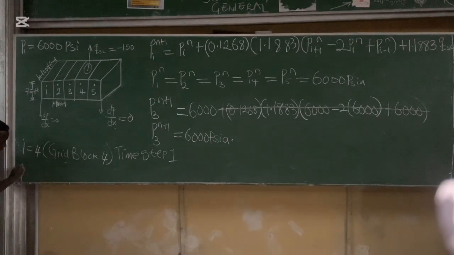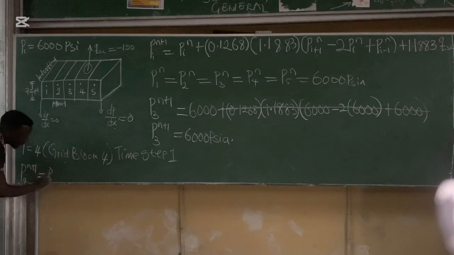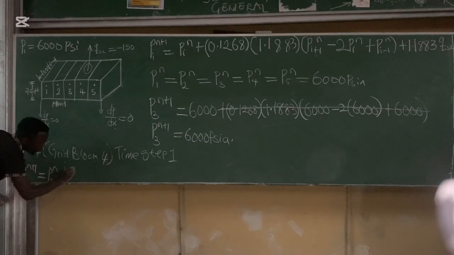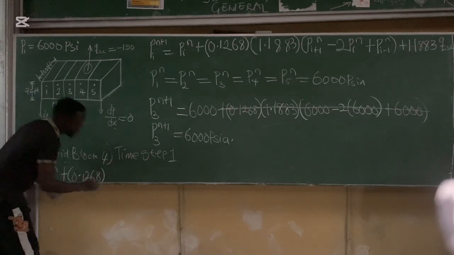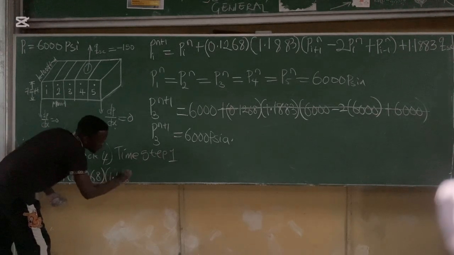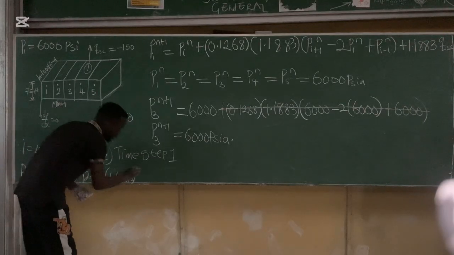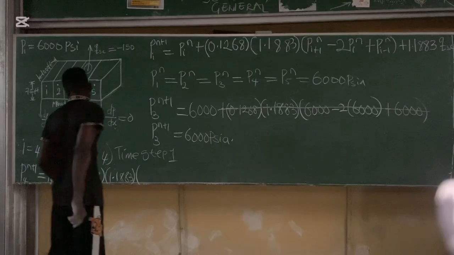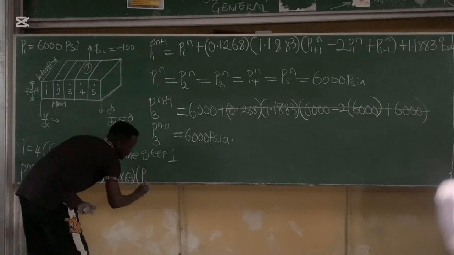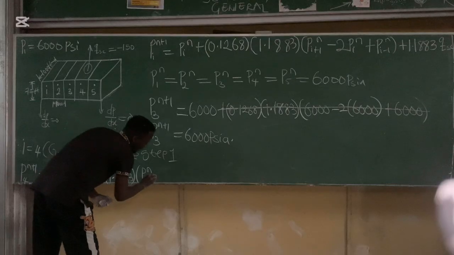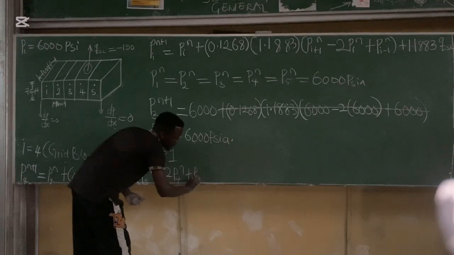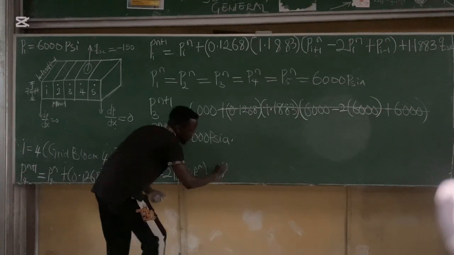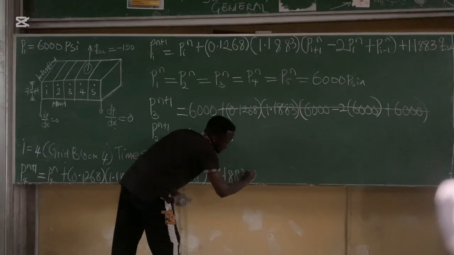So here now we are going to have P4^(n+1) is equal to P4^n plus 0.1268 into 1.1883, close the bracket, into i plus 1. P_{i+1} here becomes P5^n minus 2P4^n plus P3^n plus 1.1883 QSC.